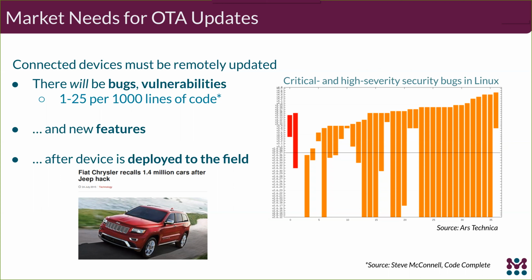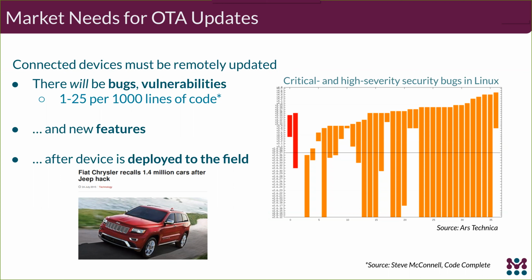Another value add, or a competitive edge, that you can have if you have built over-the-air updates into your product or device is that you can add new features once the devices are deployed to the field. This can significantly reduce your time to market. So you can ship the devices with the minimum bare functionality and then keep adding new functionality over time as development teams are working on it.